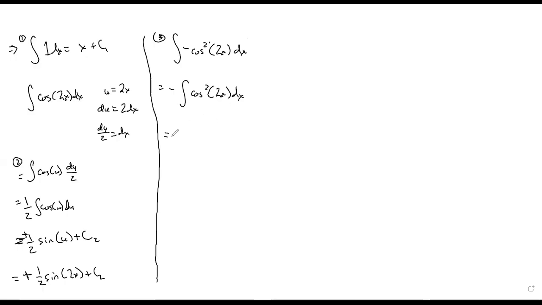And then we're going to do our substitution here, where we take the cosine squared of 2x and repeat that substitution: 1 plus cosine of 2 times 2x, all over 2, which is equal to 1 plus cosine 4x, all over 2.